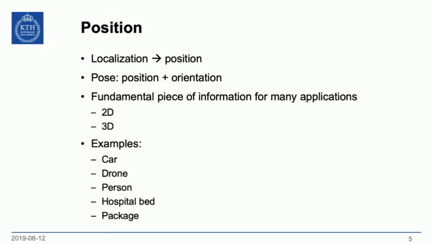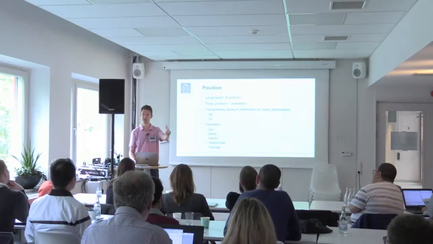You're at an exhibition and you have some kind of device on you that lets the exhibitors know where you are so that they can present information that is very specific to the place you are at. Maybe you're at a museum, which is similar, and you have headphones on and they tell you something about the piece that you're in front of. You need your position for that. Could be a hospital bed. So the hospital wants to know where is bed so-and-so.